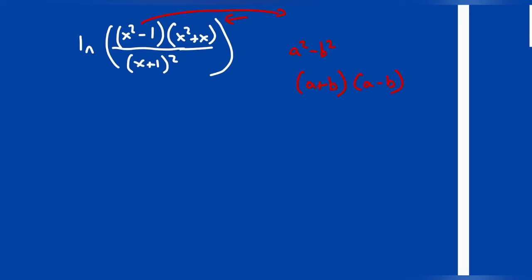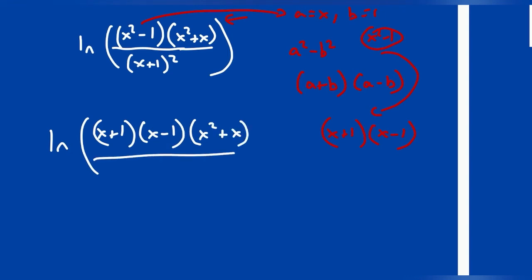So if a is x and b is the square root of 1, which is just 1, we have x squared minus 1 becomes x plus 1 and x minus 1. So we then rewrite this thing as x plus 1, x minus 1, x squared plus x over x plus 1 whole squared.